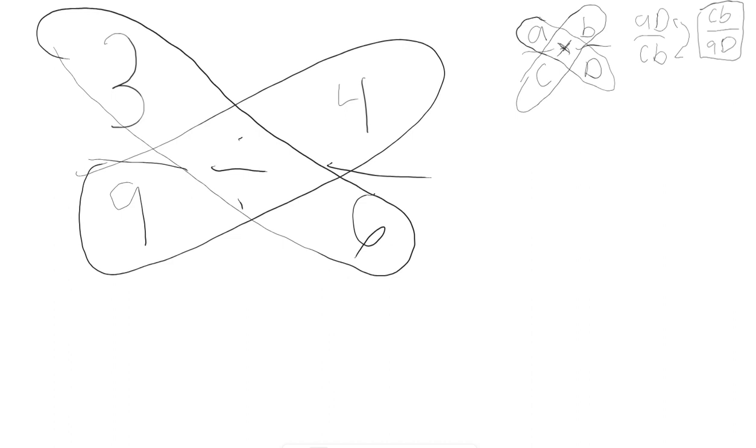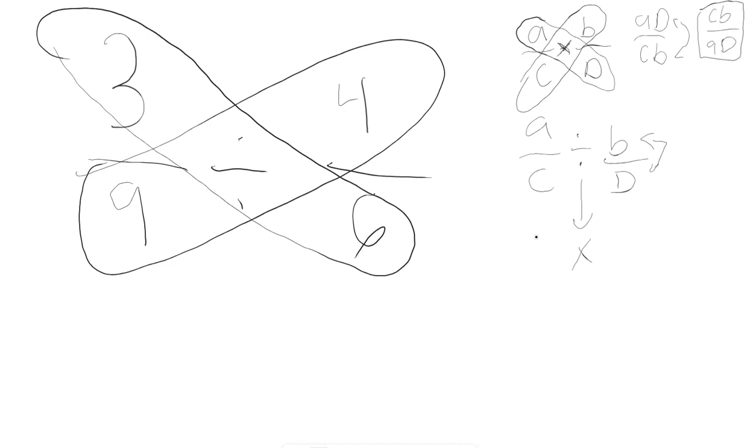time. But when you're dividing, you're cross multiplying because the reciprocal of B over D in division is flipped. And then this is changed to a multiplication problem.